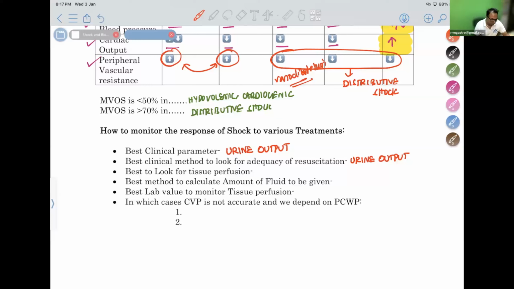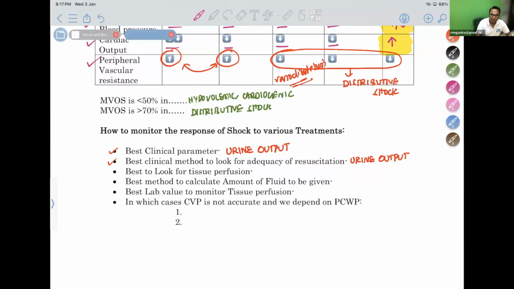So urine output is the best clinical parameter. Best clinical method to look for adequacy of resuscitation is urine output. Best method to look for adequacy of tissue perfusion is also urine output. See, three questions, same answer. Don't get confused.